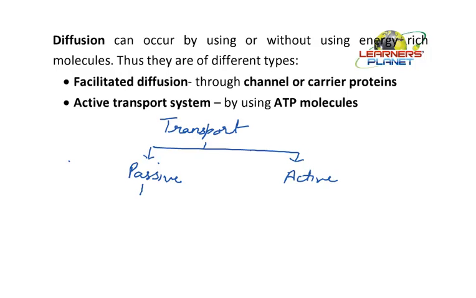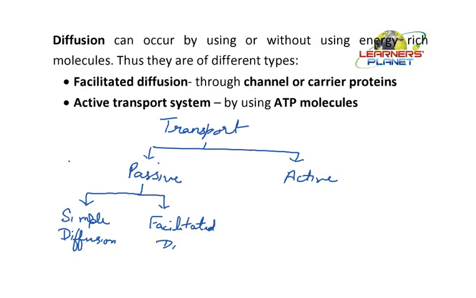During passive transport, it can occur either by the simple diffusion process, or by facilitated diffusion. While in the other process of transport, we are not saying diffusion, we are saying active transport.